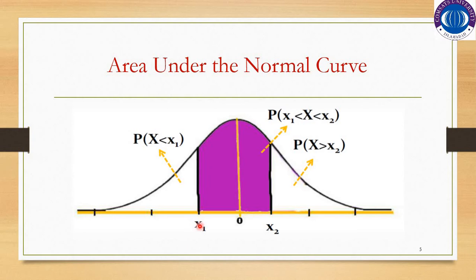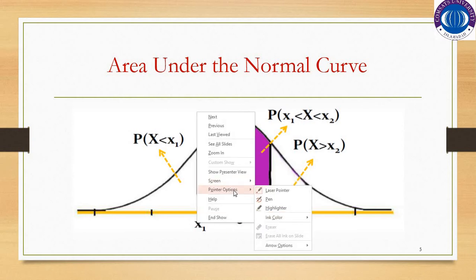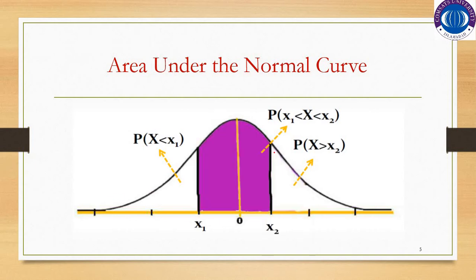Let's suppose x1 and x2 are any two points on the normal distribution curve, and this axis represents the values of the random variable x. These x1 and x2 are any two values in the range of the random variable x, where x is between minus infinity and infinity.